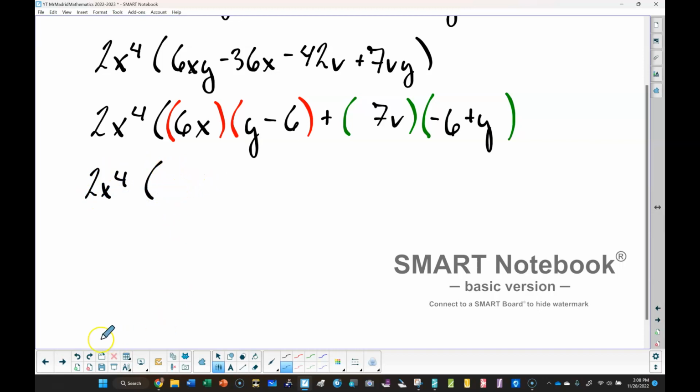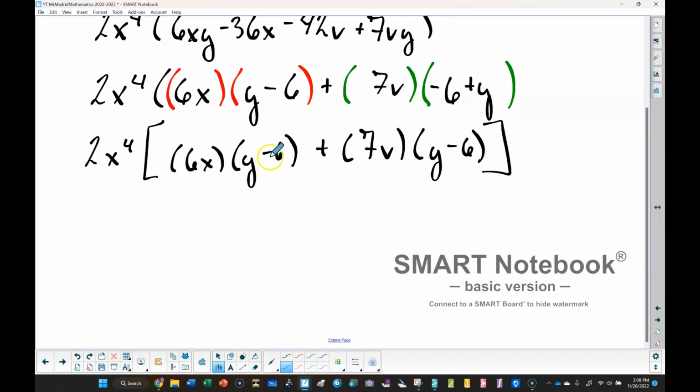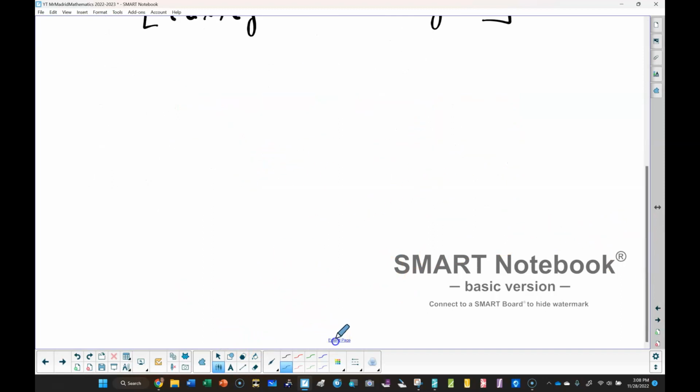Okay. This is where I would rather use a bracket like that. Okay. Plus 7v times, I'm going to switch these. Okay. And hopefully now you see where I'm going with this. Now that they have this in common, I can factor that one out.